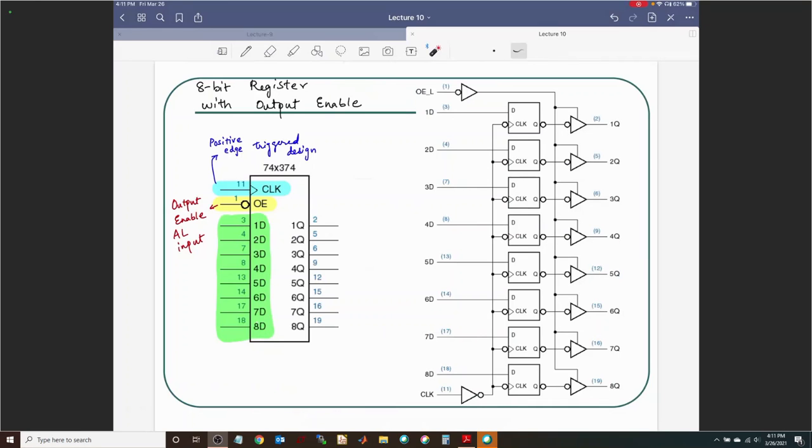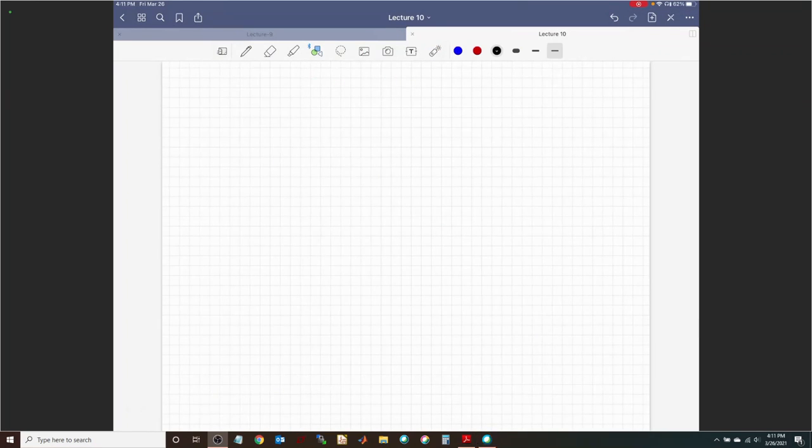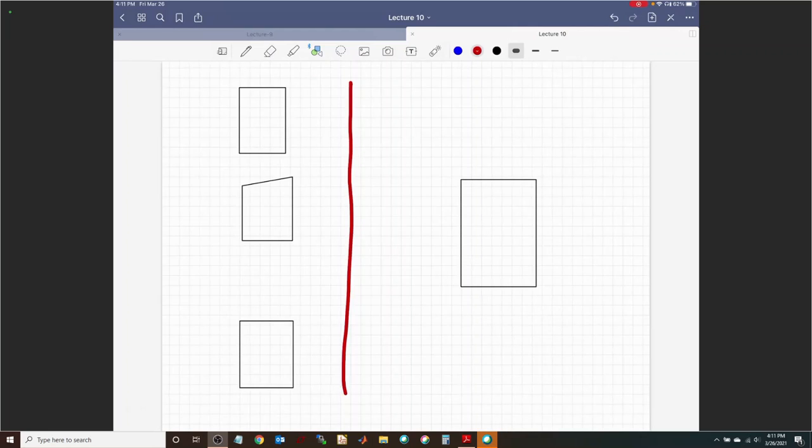So for example, if I draw this here, you can say if you had multiple of these, and then you have another one here, right? And then you have a bus over here.